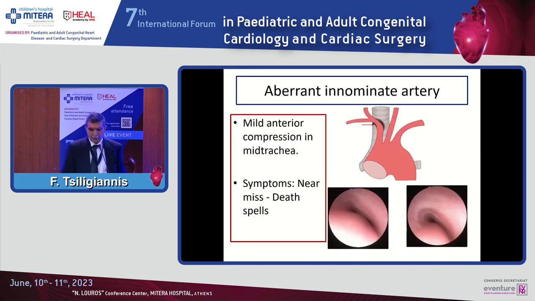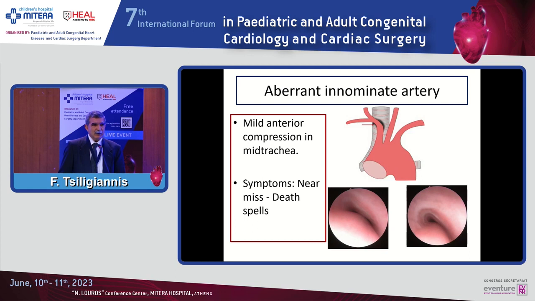The next is the aberrant innominate artery, which causes mild anterior compression in the mid-trachea. It rarely causes symptoms, but if it does, you may have near miss or death spells, as they call these cyanotic episodes that may lead to cardiorespiratory arrest, as happened in this patient, in which you see the two bronchoscopic pictures.